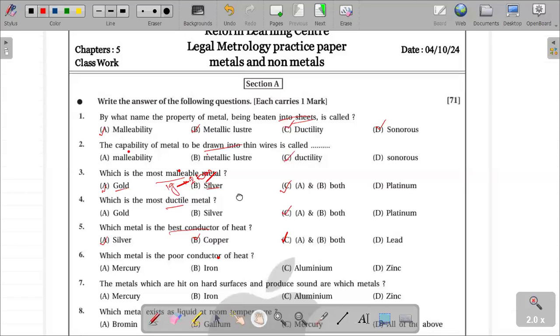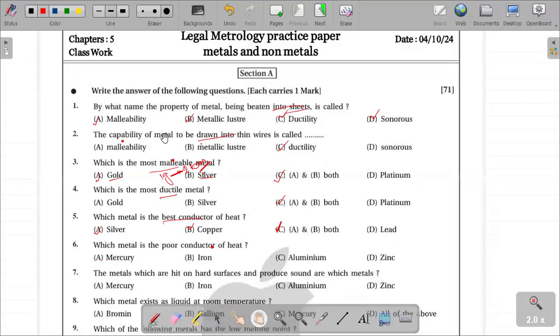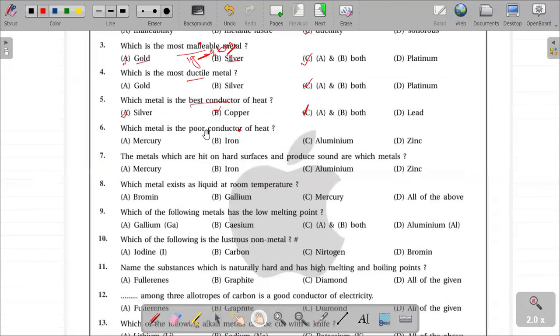And next case, we already discussed this. Which metal is a poor conductor of heat? Among the two examples, one is mercury and another one is lead.